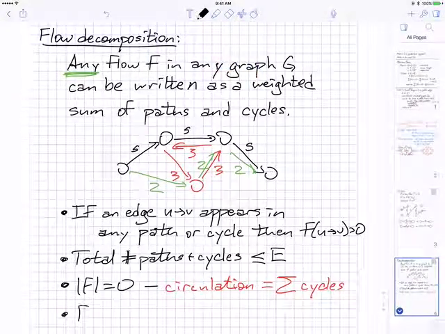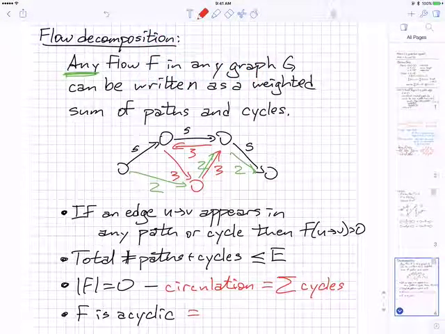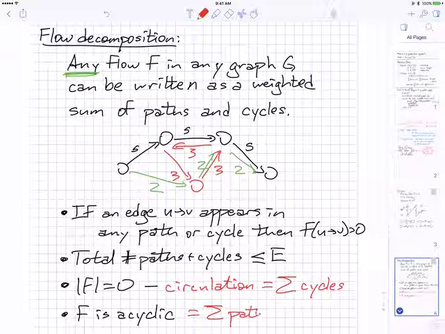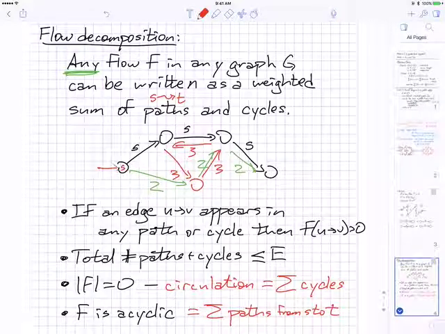On the other hand, if F is acyclic, meaning there are no cycles in the edges that carry flow, then I can write this as just a sum of paths from S to T. And I should have said that all the paths in this decomposition start at S and end at T.